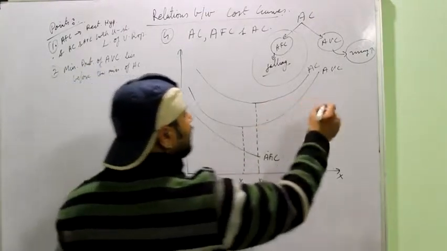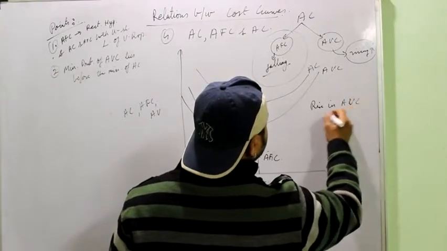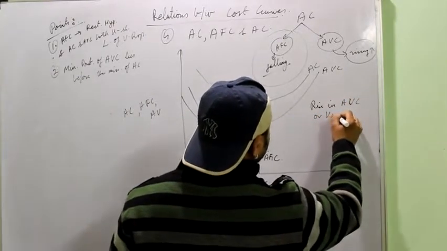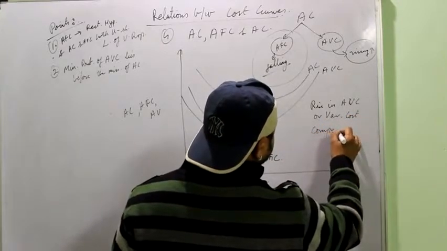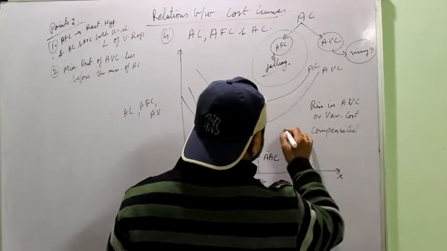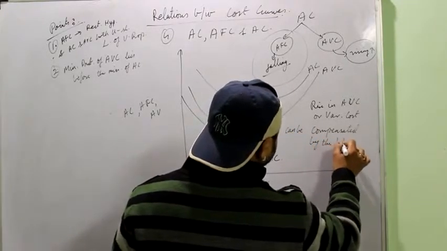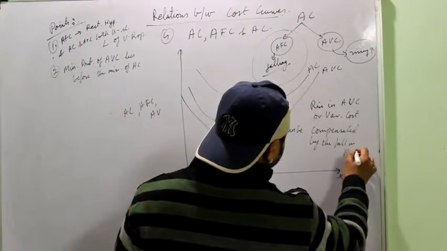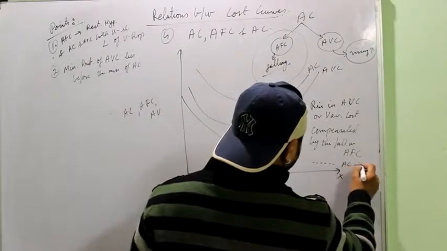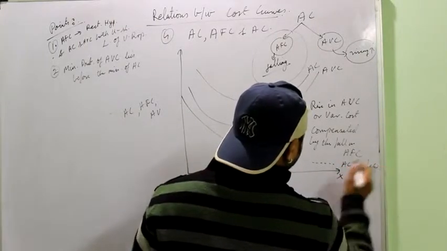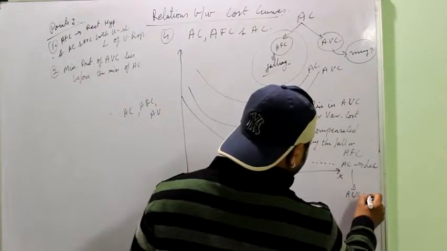Or you can say when the rise in the ABC or the variable cost can be compensated by the fall in AFC, AC will keep on decreasing even when ABC may be rising.